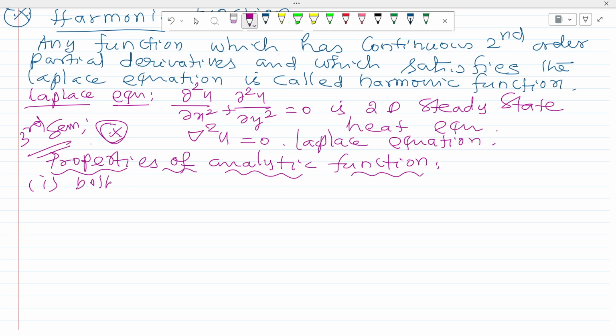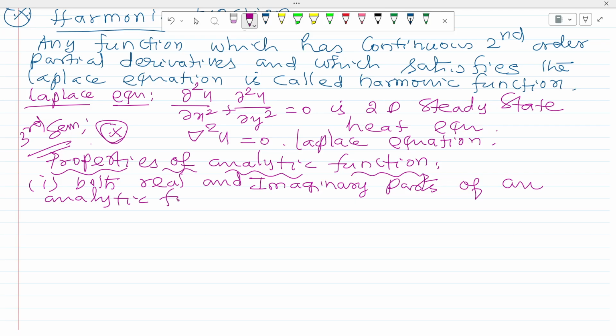Both real and imaginary parts of an analytic function satisfy the Laplace equation.